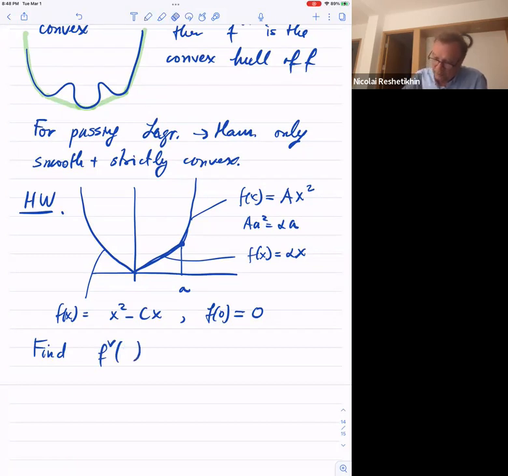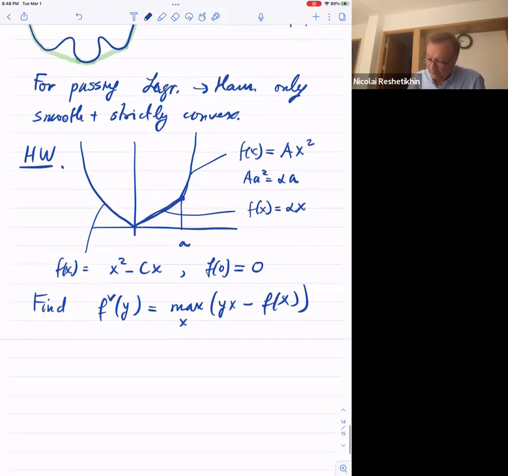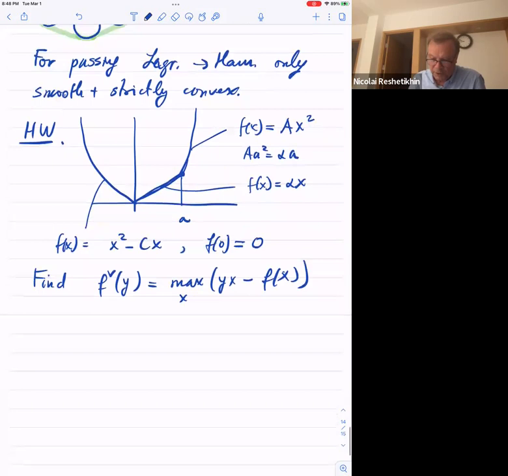Find the Legendre transform, which is simply the maximum over x of yx minus f of x, where f of x is defined here. Okay, so this is the Legendre transform.